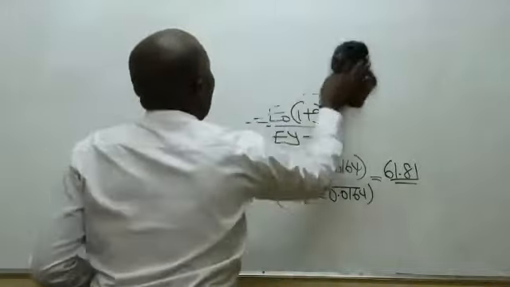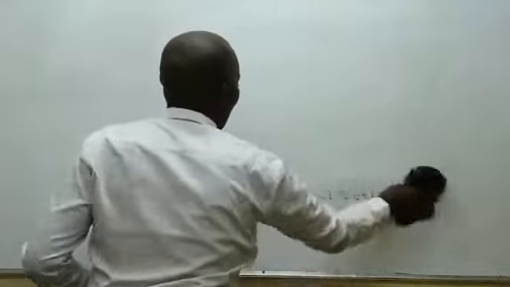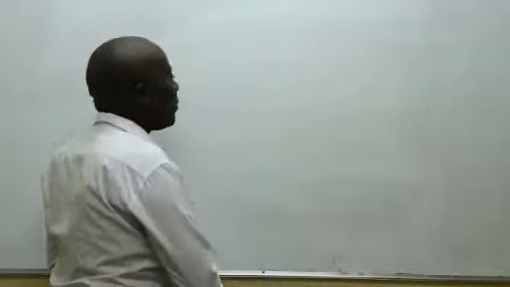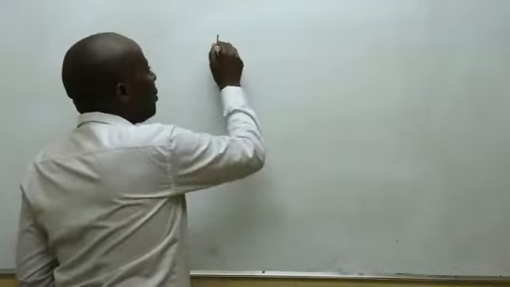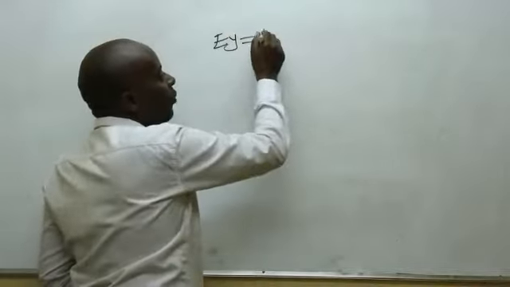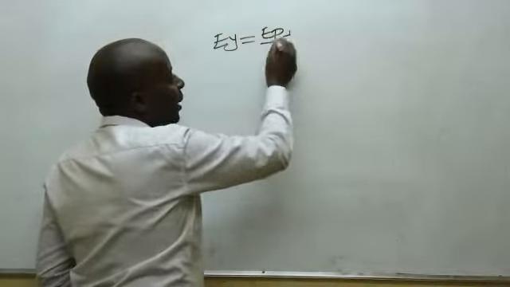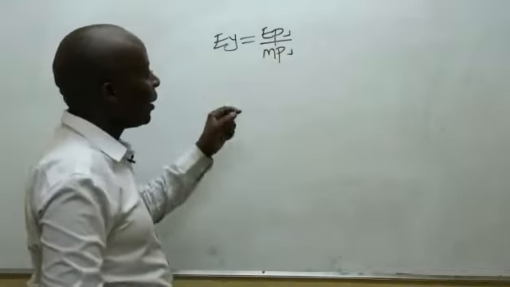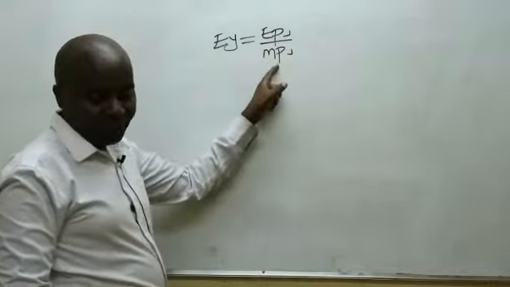So I'll go back to the background of earnings yield. Don't write this; it is just a background for guiding you. When we talk of earnings yield, how do we get earnings? For every share, it will be EPS over MPS. Anything that has yield must have MPS at the denominator.